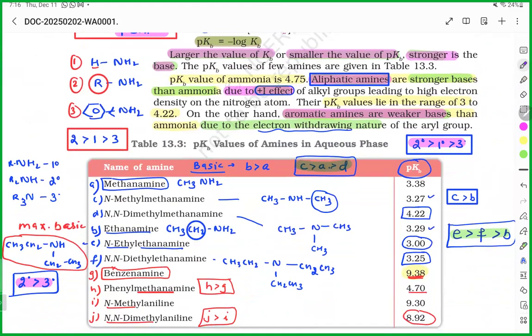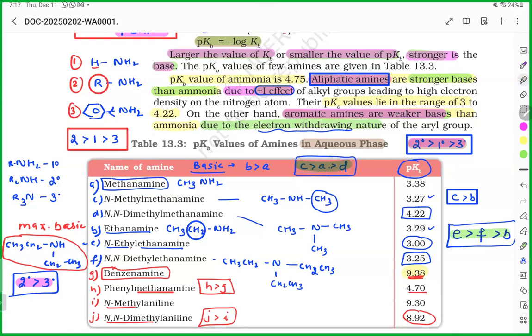This is not sufficient, but this is basically required. You should know not the number but the comparison. How? Because you have to remember one basic thing. Secondary amine is most basic, then primary, then tertiary.